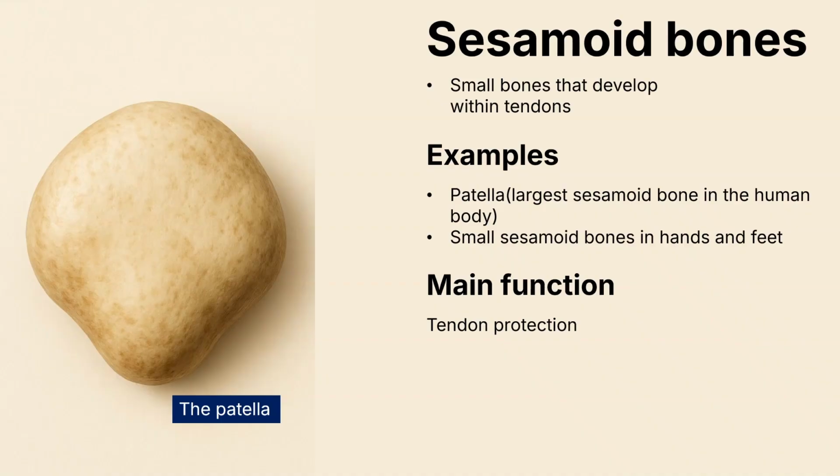For the last major group, the sesamoid bones. These are small seed-like bones, embedded within tendons. They act as pulleys during muscle movement, to reduce friction, improve muscle leverage, and protect tendons from stress. The patella, also called the kneecap, is the largest sesamoid in the body.